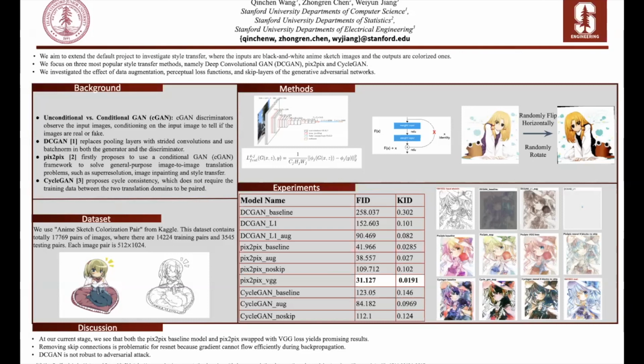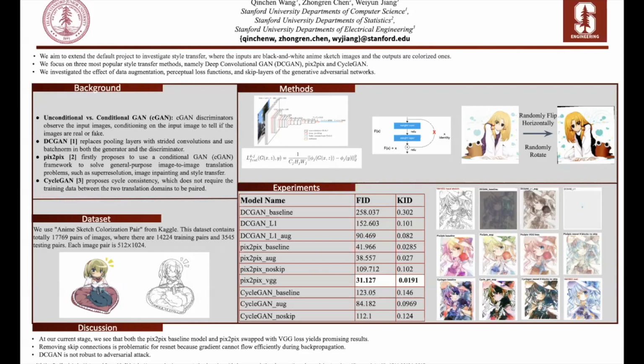We mainly focus on three popular style transfer methods, namely DCGAN, pix2pix, and CycleGAN. DCGAN is a naive version, but very classical, and the latter two are relatively new and more advanced methods. We also investigate the effect of different data augmentation, different loss functions, perceptual loss or pixel-wise loss, and different architectures inside the GAN network.